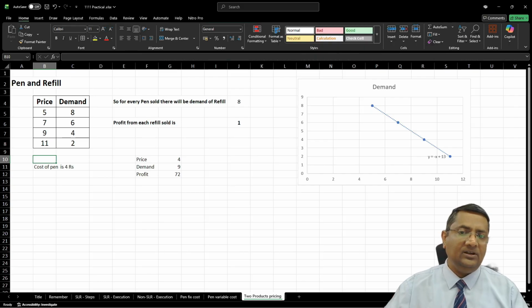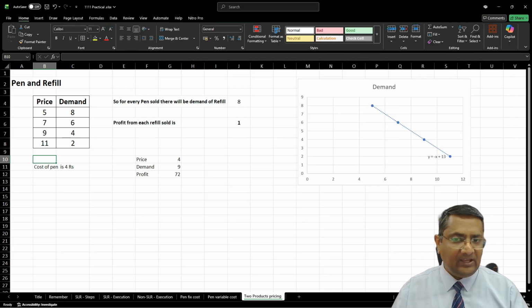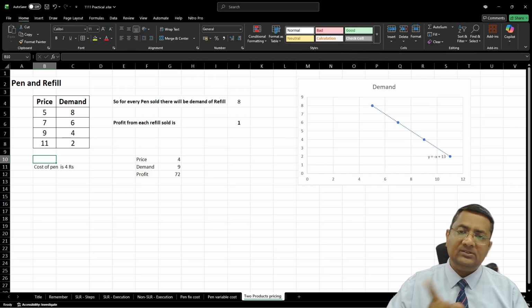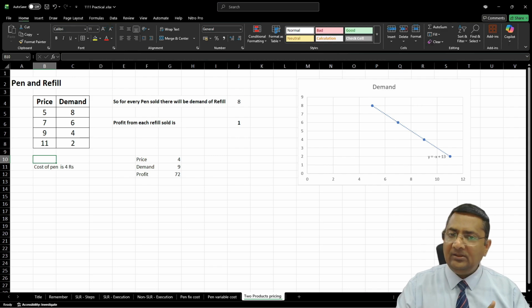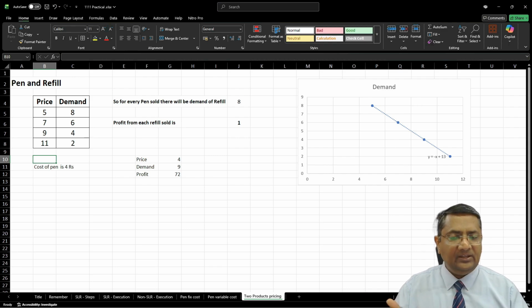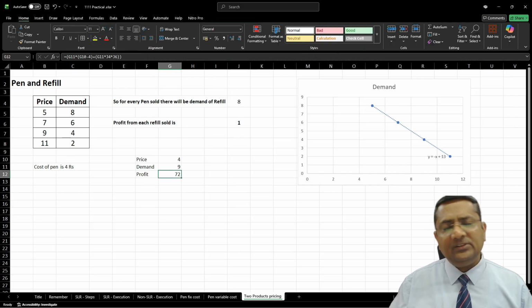But still we will earn a profit. How? Because demand is of 9 pens and for every pen a person will buy refill also. So for 1 pen 8 refills, for 9 pen how many? 9 into 8. So 8 9s are 72. And from every refill we will earn 1 rupee profit. So profit is 72.